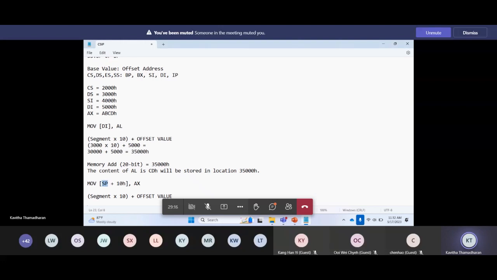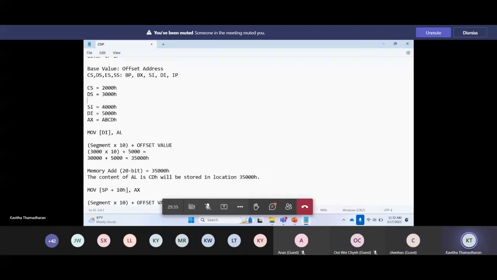SS is the stack segment basically. So what is in my SS, guys? I didn't give you SS.